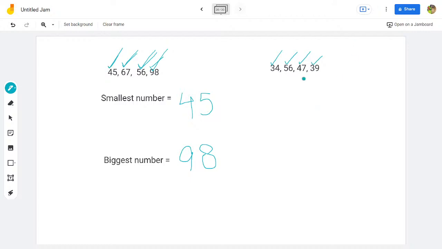So what we would do, we would again compare these four numbers. So here 3, 5, 4 and 3. Now 5 and 4, we would not write as the smallest number.